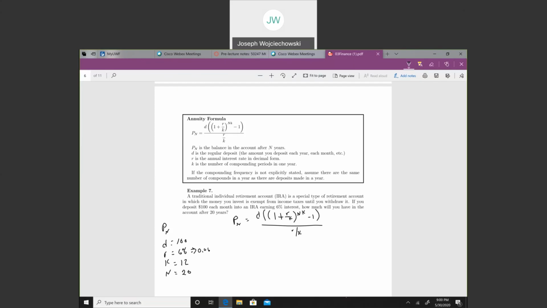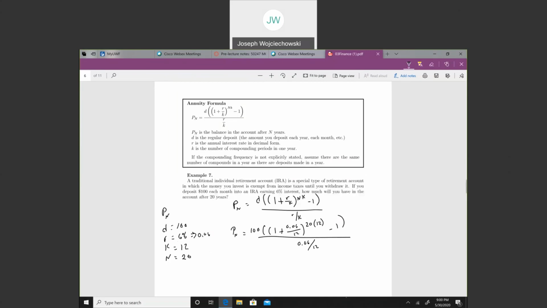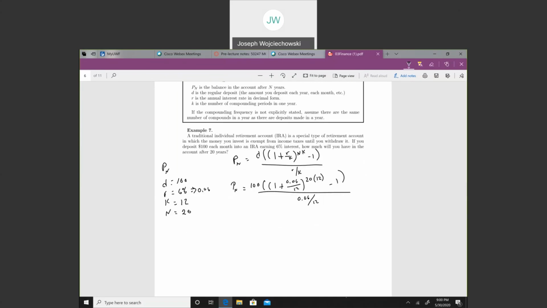So our final amount in the account is D, which is 100, times (1 plus R, which is 0.06, divided by K, which is 12, all to the N times K, 20 times 12, minus 1), all over R, which is 0.06 over 12. All right. So let's clean this up a little bit. We'll do a few different things at a time.